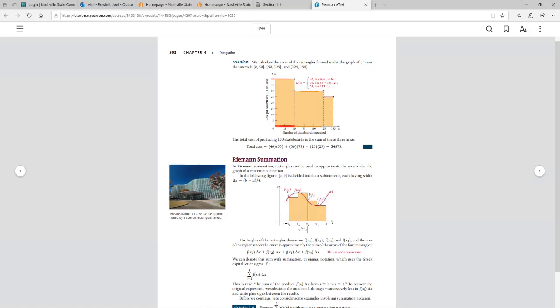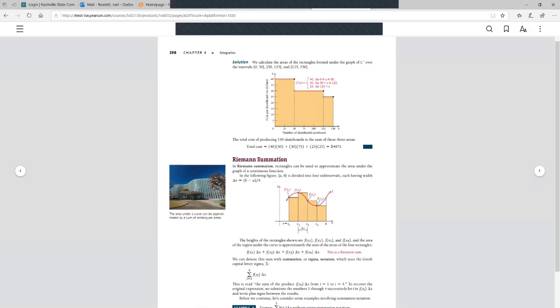And then if we go from 125 to 150 skateboards, the cost drops down to $25. So for the total cost of producing 150 skateboards, we know the marginal cost, but the total cost is going to be the area under the curve, right?